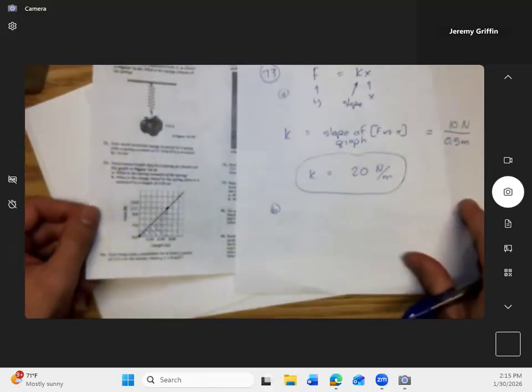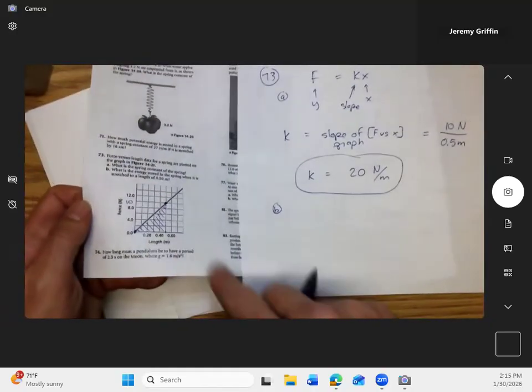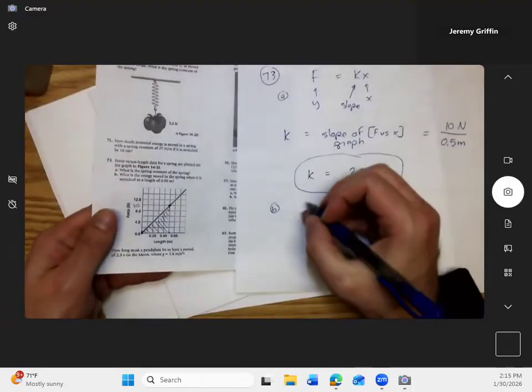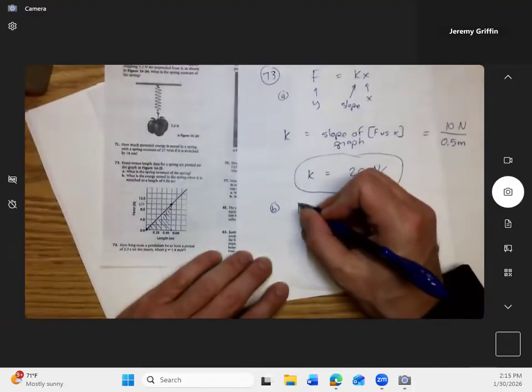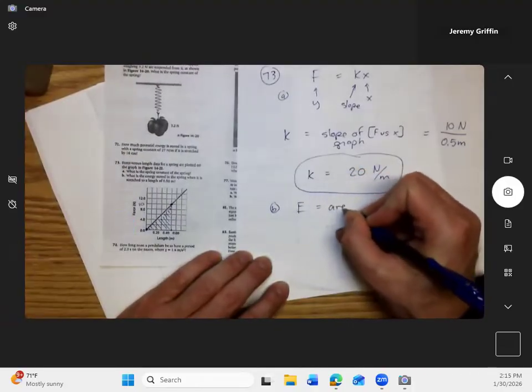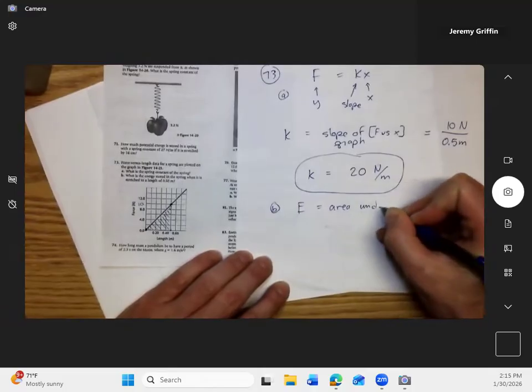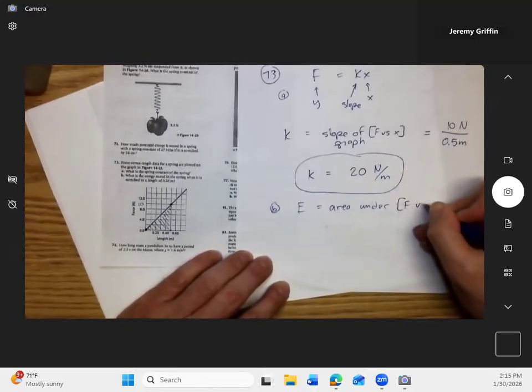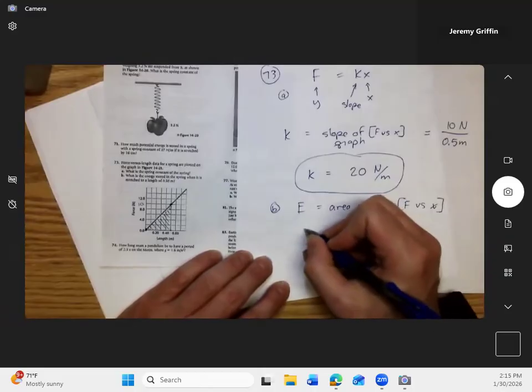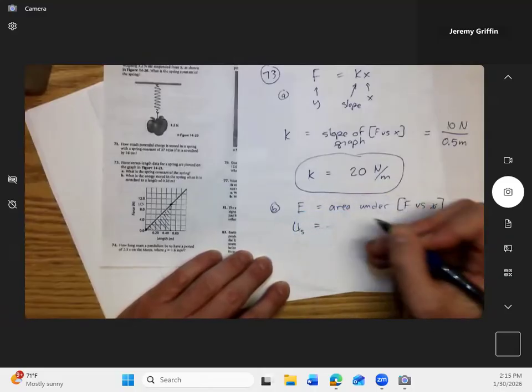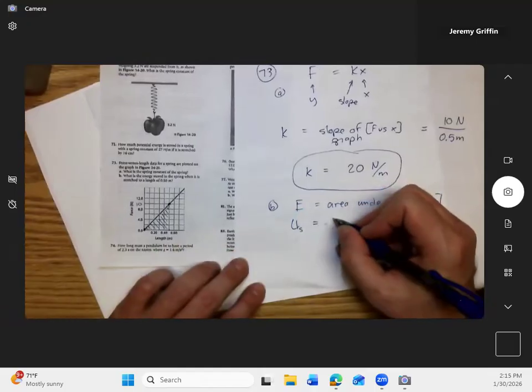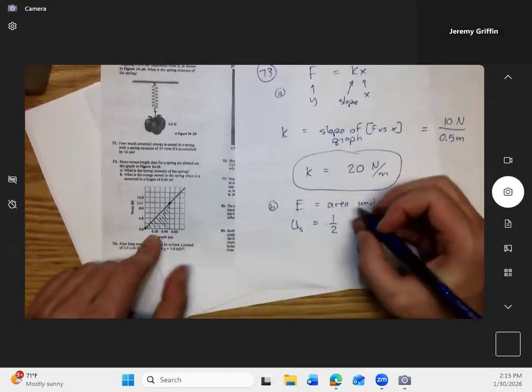Let's do this two different ways. We'll do the area under the curve, and then we'll do an equation. I'll show you the same thing. So energy is the area under the force versus distance curve. I should call it E sub S, spring energy. Guys, this is the area of a triangle, 1/2 base times height.